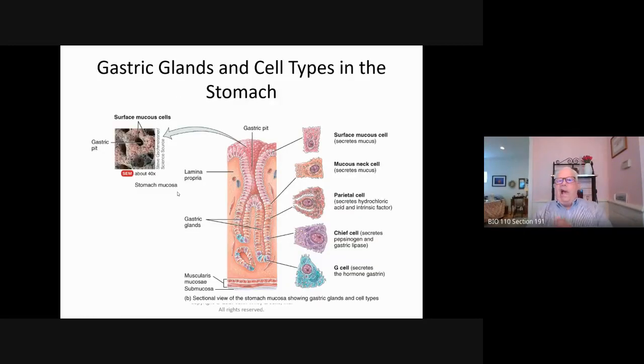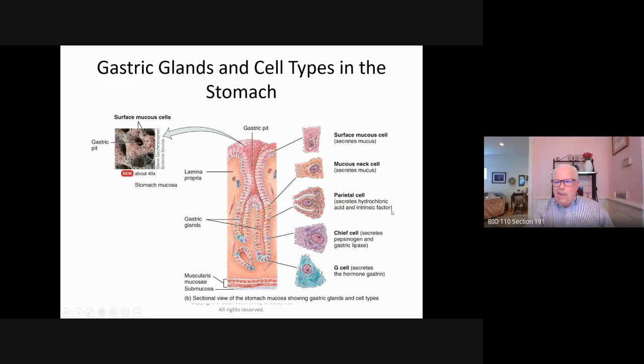And here are the cells of the stomach that I want you to know. Surface mucus cells and neck cells secrete mucus for lubrication of the chyme to get through the stomach. The parietal cell secretes hydrochloric acid to literally break down the chyme.